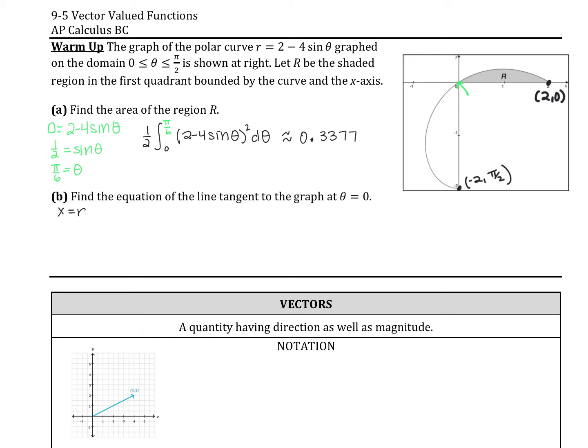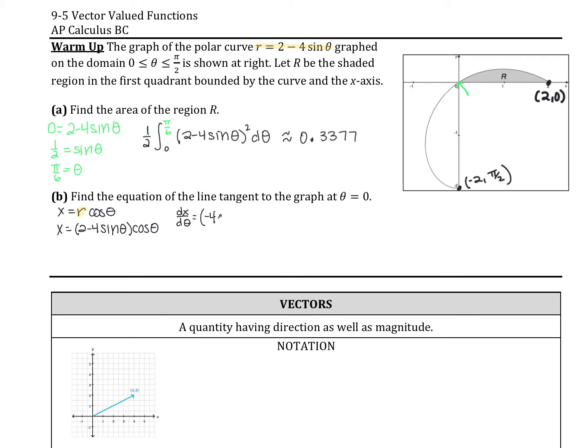So if we know x equals r cosine theta, and I know r is 2 minus 4 sine theta, then in place of r I'm going to put 2 minus 4 sine theta. So x equals (2 minus 4 sine theta) times cosine theta. And then I'm going to take the derivative, which requires a product rule.